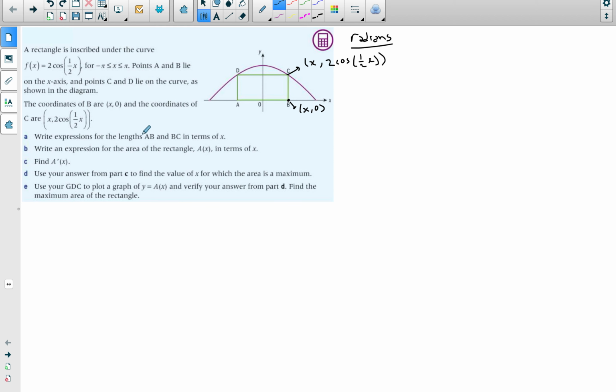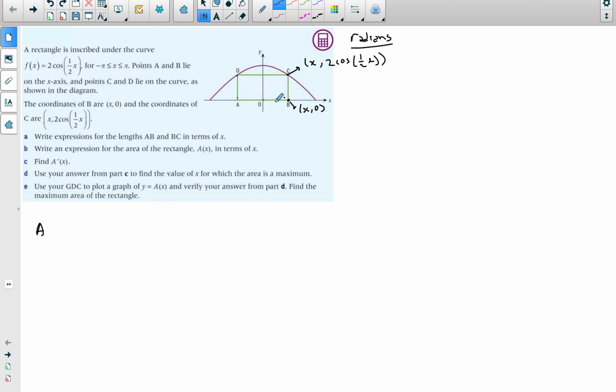Part A wants you to write an expression for the length of AB. Well, it's precisely a rectangle that's inscribed, which means it touches all the corners, so it's going to have equal lengths. On an exam they'd give you more information as well.